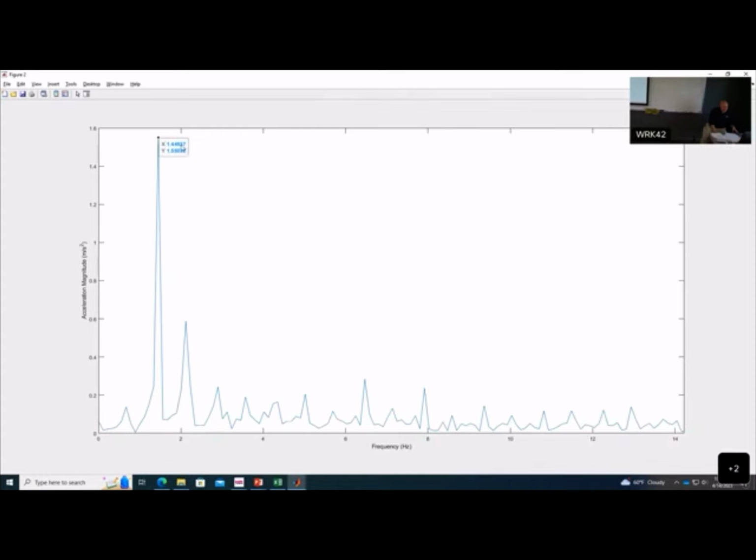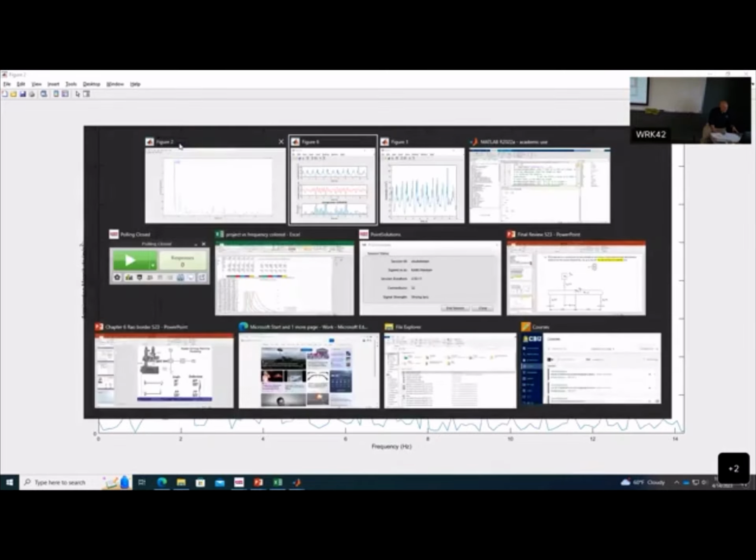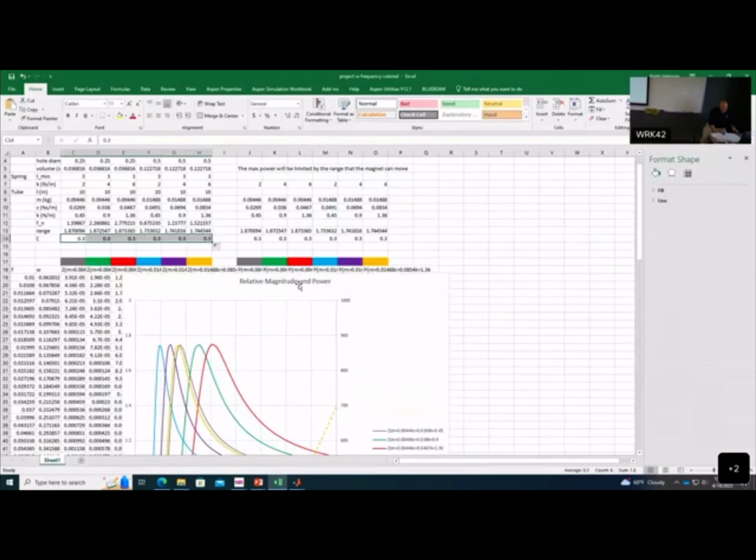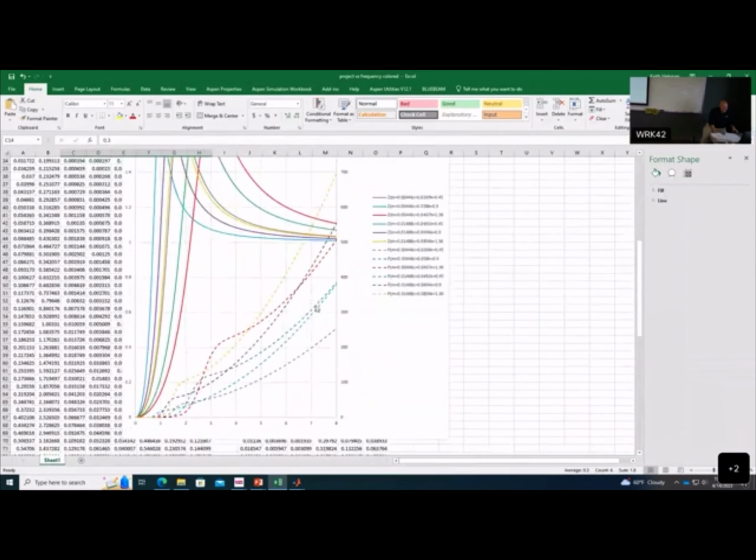So we're walking around 1.5 hertz, which should be in the general region. And then you can go into your relative magnitude and power. And so where do we care about this?